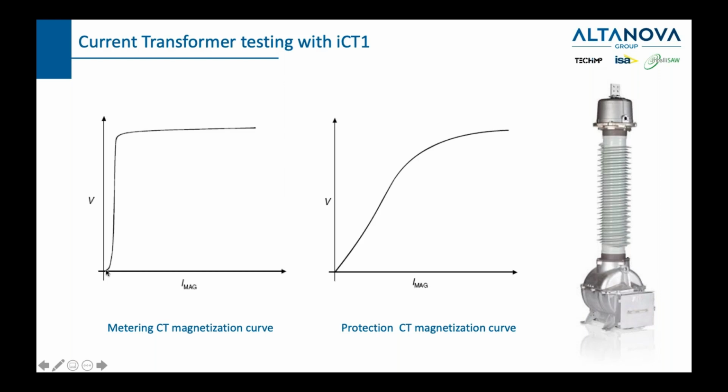You see that the linear part is here, and then very quickly, as we go a little bit above the nominal value, it saturates, and in saturation it protects the output, because as we said, if the device saturates very quickly, it will not increase the current on the secondary when the current on the primary increases. And for the protective CT, as much as you increase the current in the primary, you want to have correct information on the secondary side.